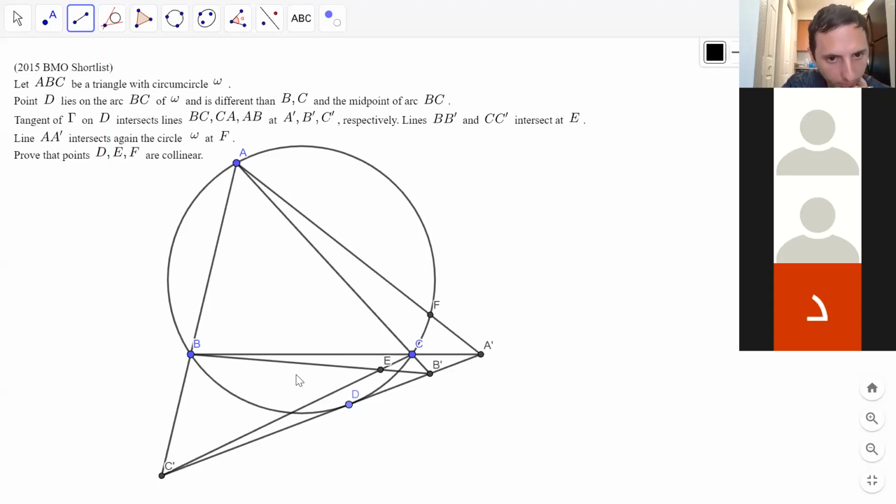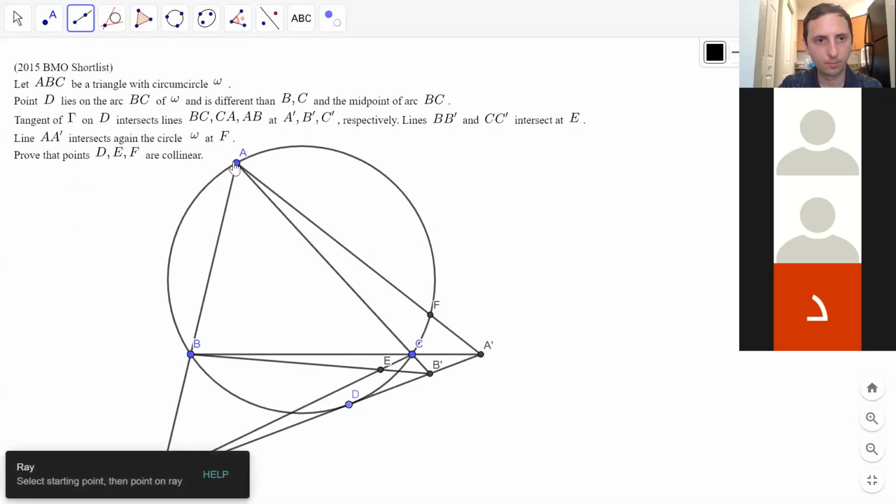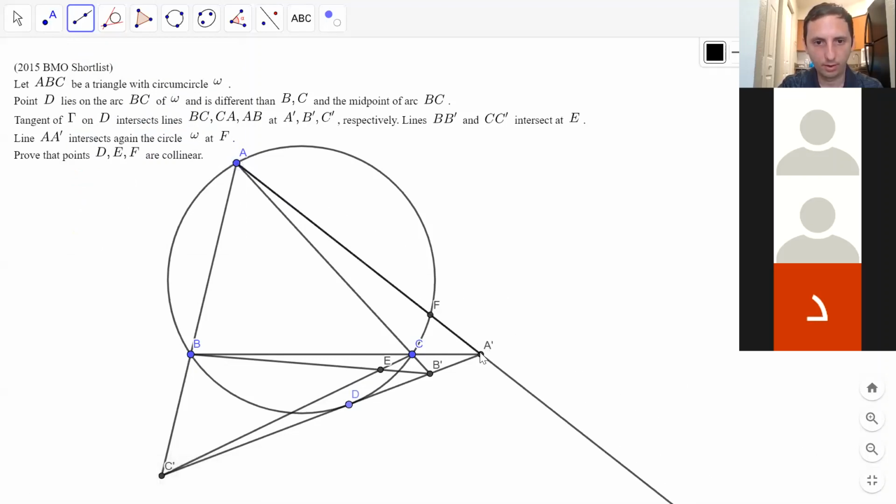So let's see. Maybe I could show if we project B. Maybe I could let AA prime meet BB prime at a point. And then I want to show that the two cross ratios are equal.